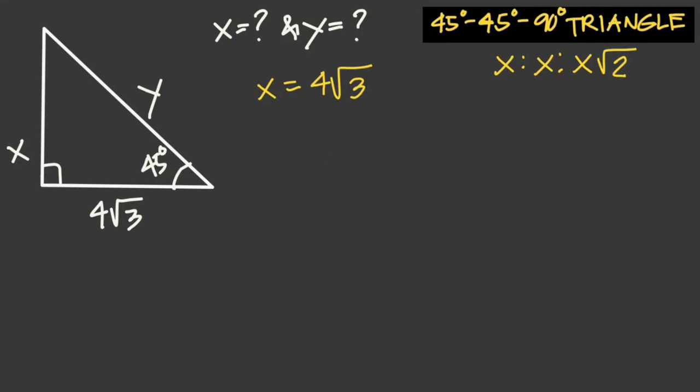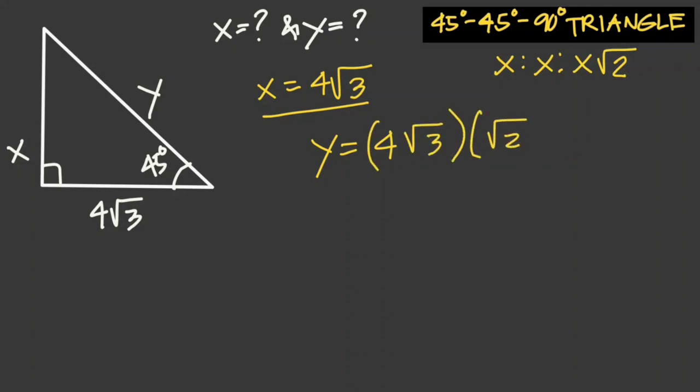To solve for our hypotenuse y, we just have to multiply the leg by square root of 2. So that is 4 square root of 3, our leg, times square root of 2. So 4 square root of 3 times square root of 2 is square root of 6. Therefore, our hypotenuse is just equal to 4 square root of 6, and this one is 4 square root of 3.